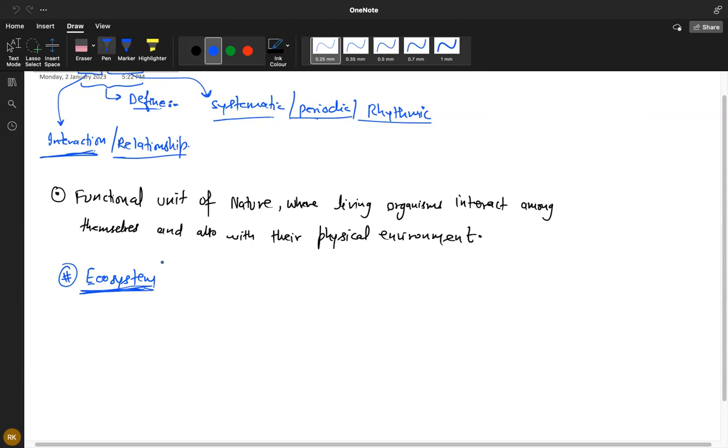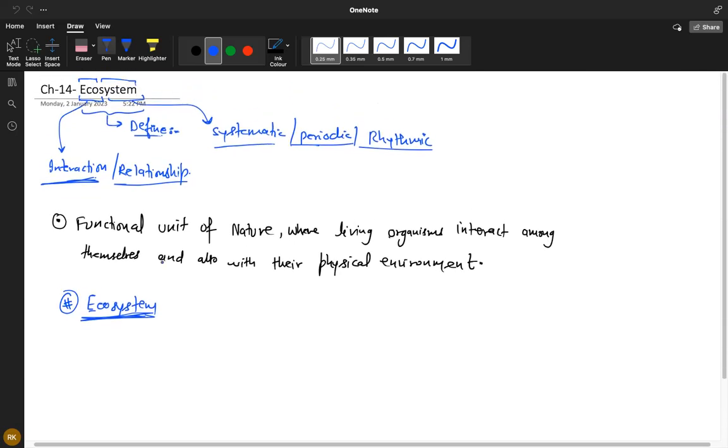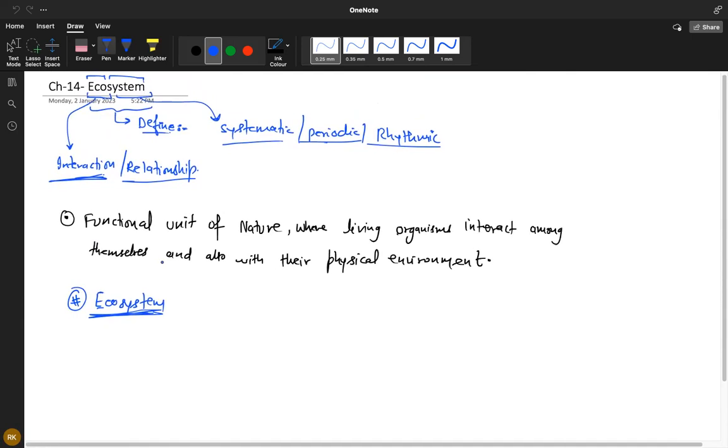So you will see a hydra, which will be feeding on some small crustacean, which will be feeding on some small phytoplankton, all happening in that one drop of water, which will go down to the level of bacteria and viruses. So does it make sense? Why are we studying this chapter? Yes, sir. Very good.